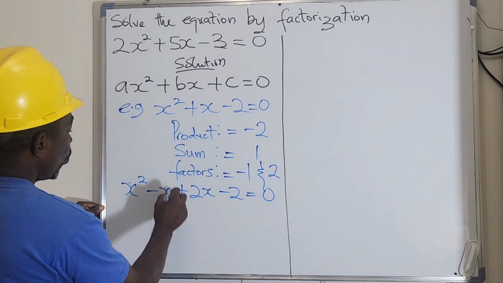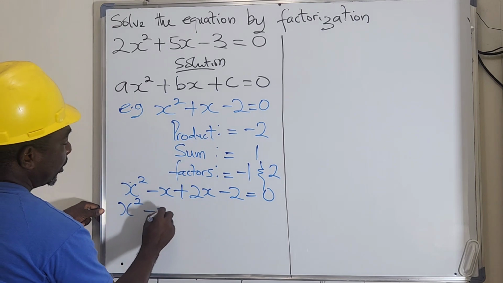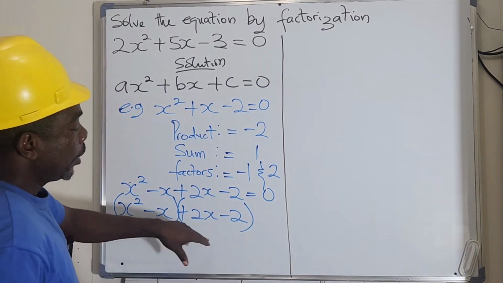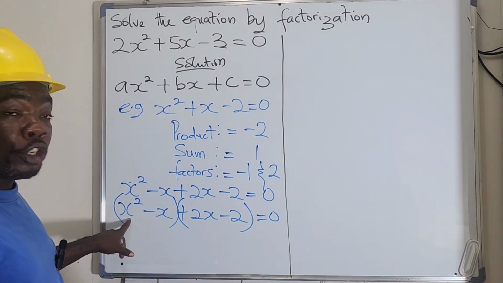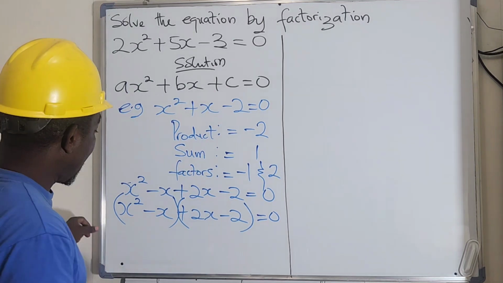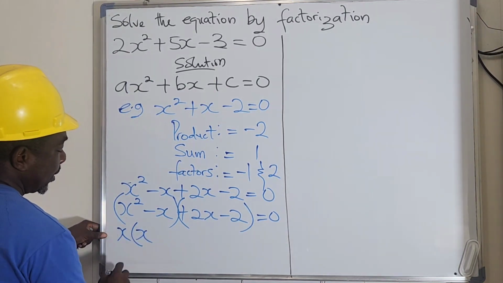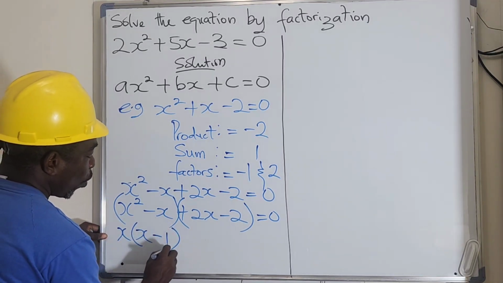So here, we'll group it into 2 parentheses. We have x raised to the power of 2 minus x, plus 2x minus 2. So the next thing is for us to find a factor that will go into this and this. That will be x into here, x. Then x will go into this one, it will become minus 1.